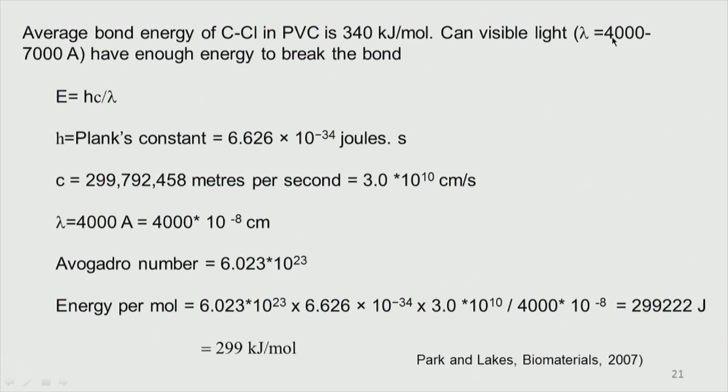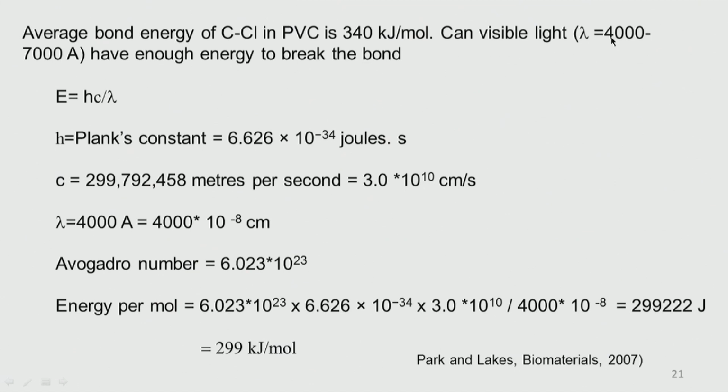Okay. For example, if it is another 30 or 40% less, then this number may go up 30 or 40%. Okay. So, I may come very close to this, and chances are I may be breaking the bond of C and Cl. Okay. This is a very interesting problem.